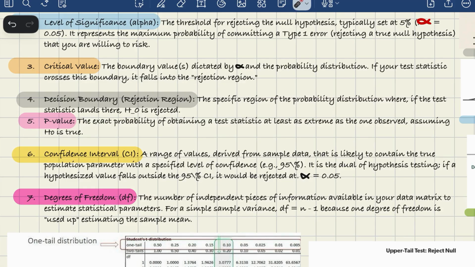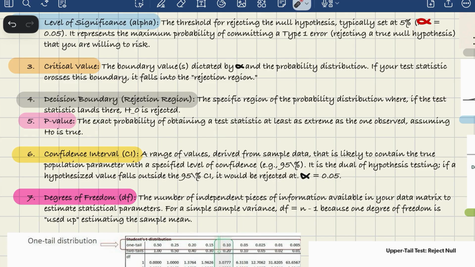If your hypothesized value under H0 falls completely outside the range, it is mathematically identical to rejecting H0 at a significance level of 0.05. So the confidence interval is the range derived from the same sample data, and it is likely to contain the true population parameter with a specified level of confidence.